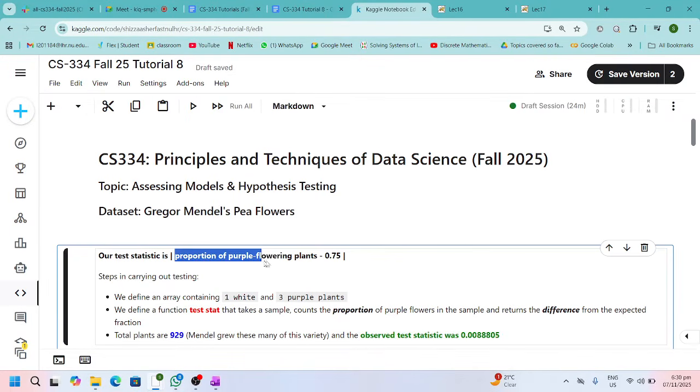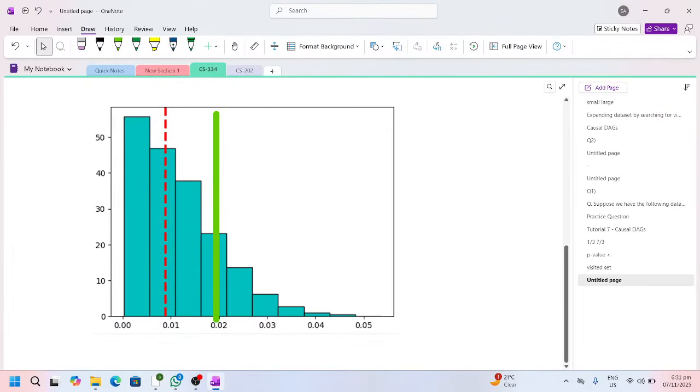Now, according to my test statistic, the modulus of the proportion of purple flowering plants minus 0.75. So under the null hypothesis मुझे क्या value मिलनी चाहिए test statistic की? Very close to zero, right? Under the null hypothesis, I am favoring Mendel's model. So that means कि under the null hypothesis ये value zero के close होनी चाहिए.